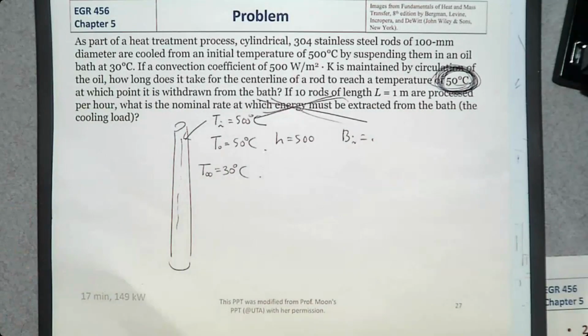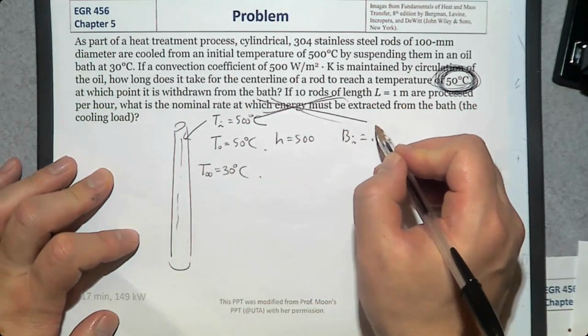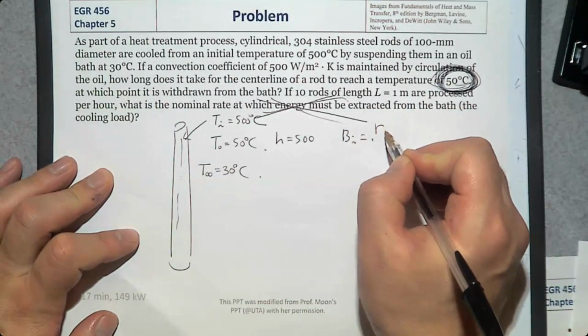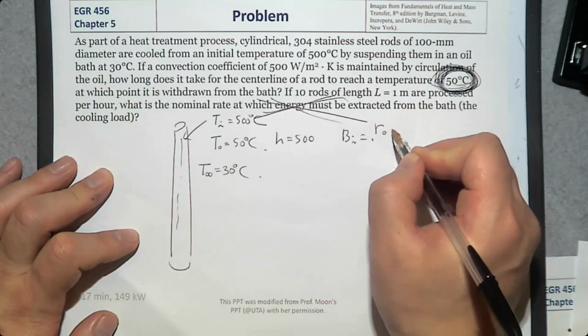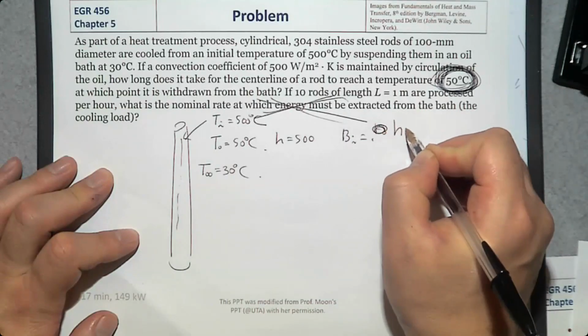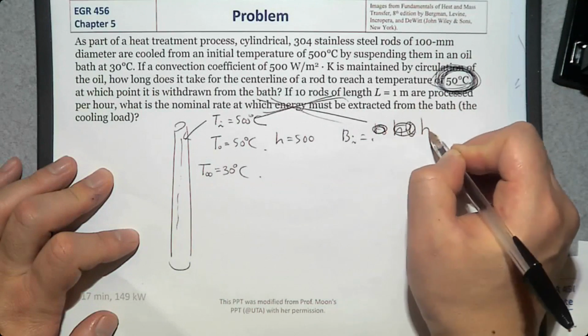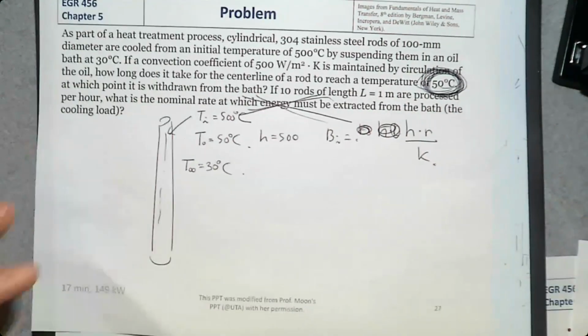To determine this Biot number, it can be found by h times radius over thermal conductivity.